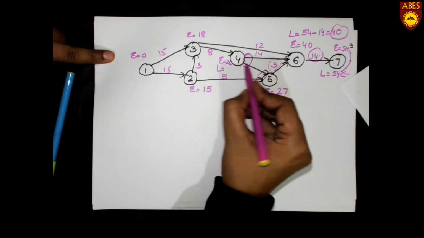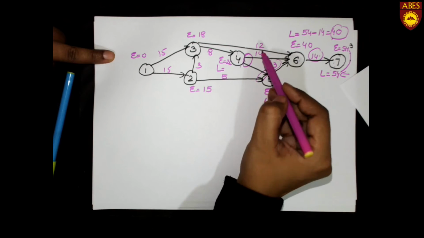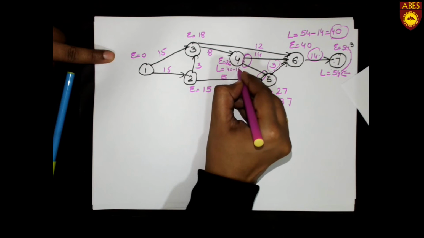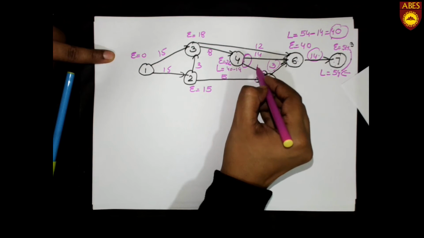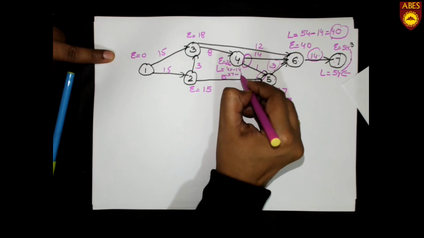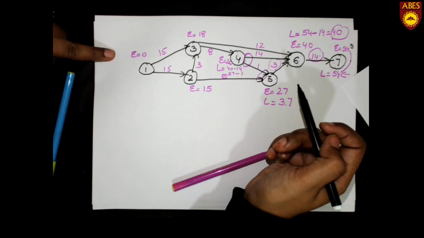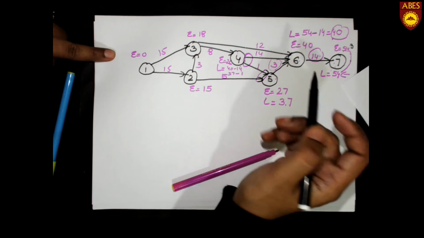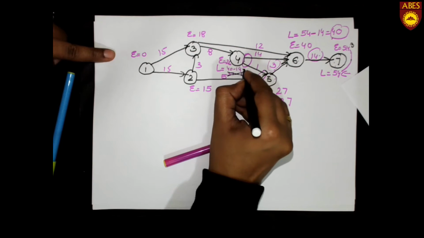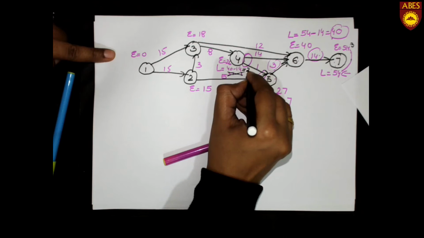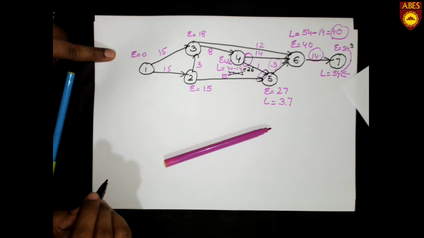So what will be the L value over here? That will be 40 minus 14, or we have 37 minus 1. Here in forward pass method we took the larger value, but in backward pass method we will take the smaller value. We will cancel out this and the value of L will come out to be 26. Now we have to go to third point after fourth.